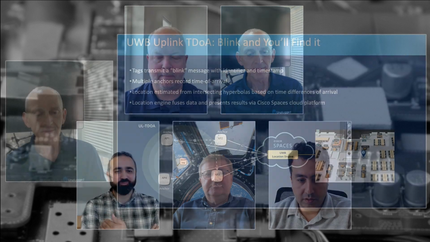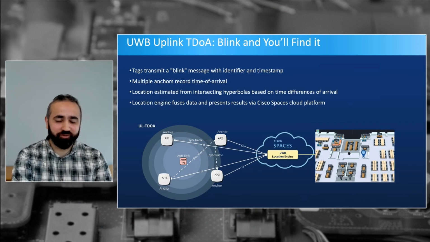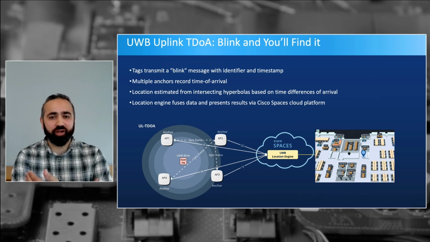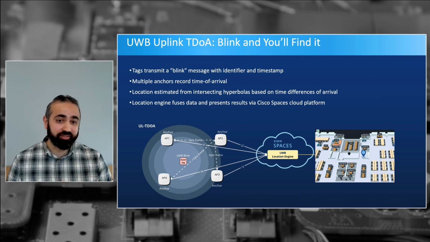Agreed. Cool. I think now we can touch upon uplink TDOA for asset tracking. So basically, on the downlink side, we are computing the position on the phone that can be used for indoor wayfinding. However, if we want to track our assets, we can use UWB asset tracking, where we have a small UWB tag that sends a blink message to the nearby access points.